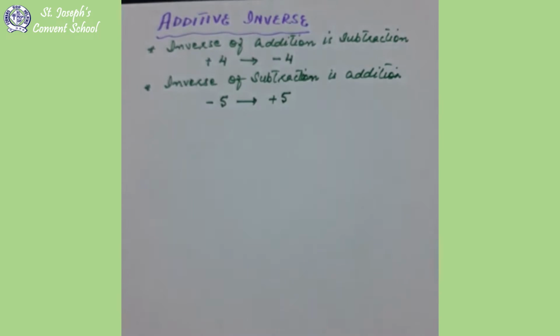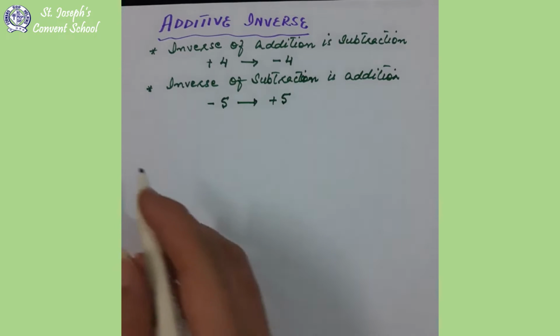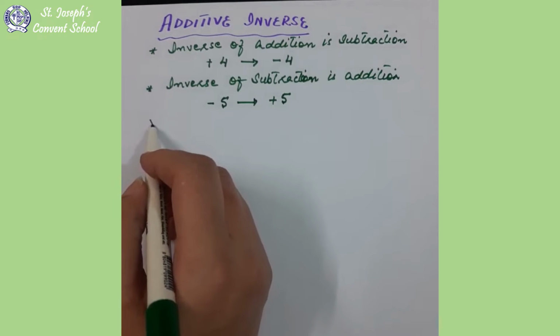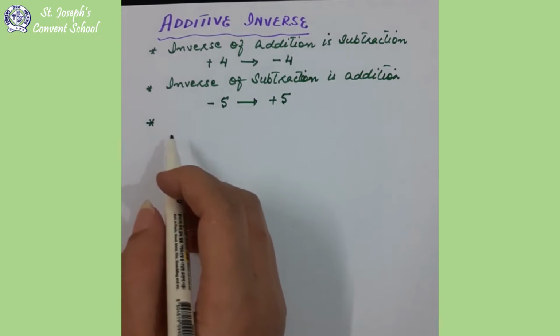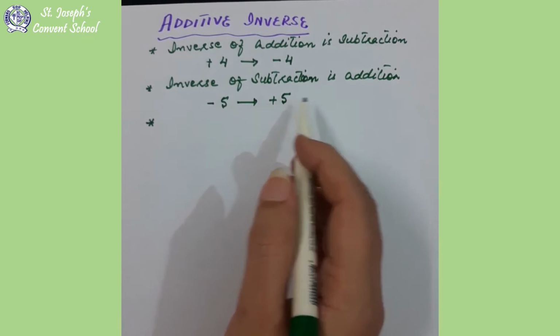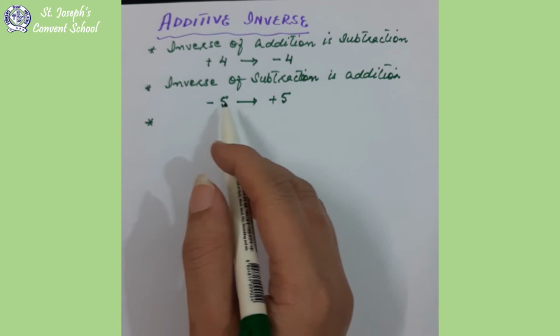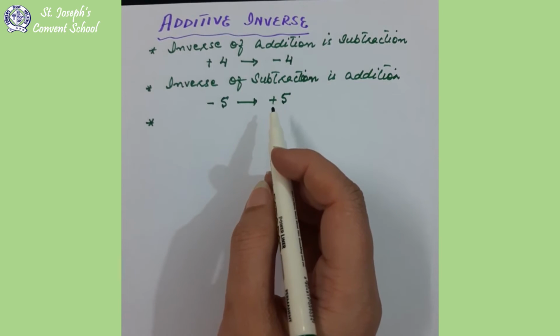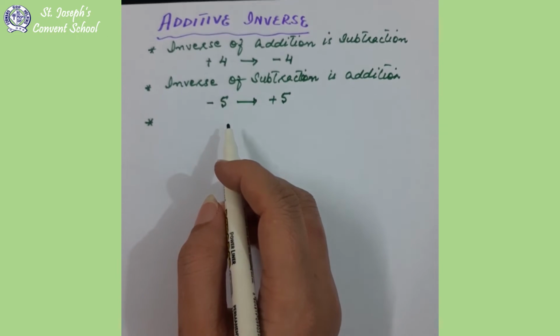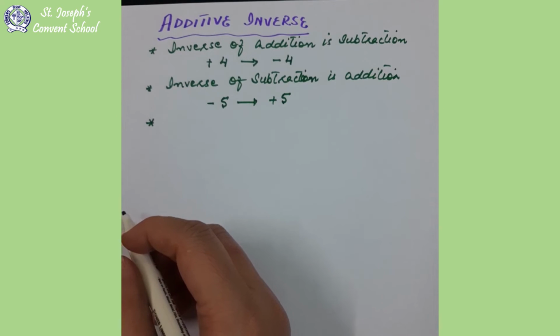Okay, this we have done in the sets chapter also. And the sum of these two real numbers is always 0. Minus 5 plus 5 is 0. So these numbers are additive inverses of each other. So the sum is always 0. Remember this, the sum of these two numbers is always 0.